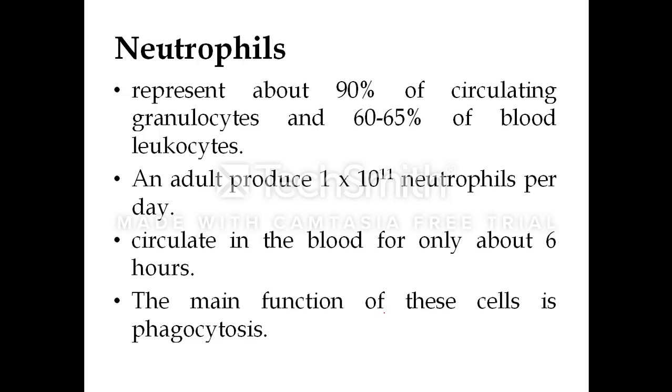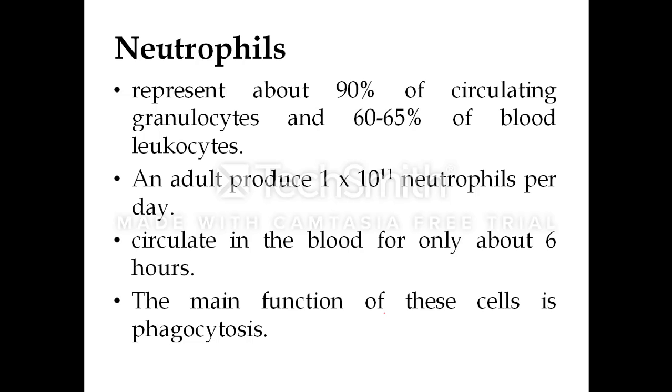The nucleus of the neutrophils contains 3 to 5 lobes. Hence, as I told you, granulocytes are called polymorphonuclear leukocytes. Morphologically, the external appearance of the nucleus shows many lobes, hence they are called polymorphonuclear cells.